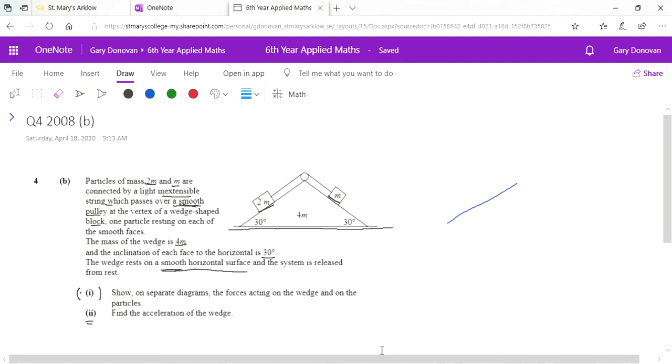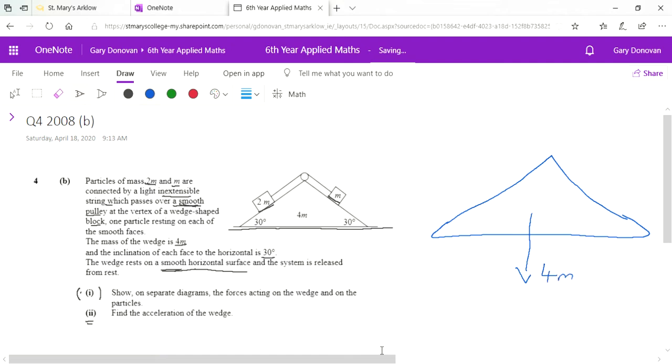So we look at the wedge first. Sorry, my drawings are bad, but you're used to that. The wedge has its weight, mass times gravity, 4mg down. It's going to have a reaction force from the ground. Because it has a pulley here, this pulley is actually considered part of the wedge, so we have to include the forces here.